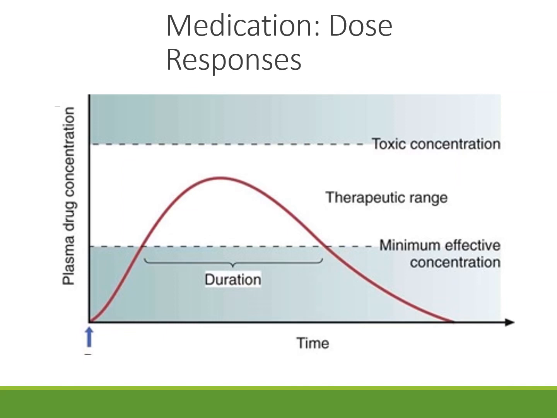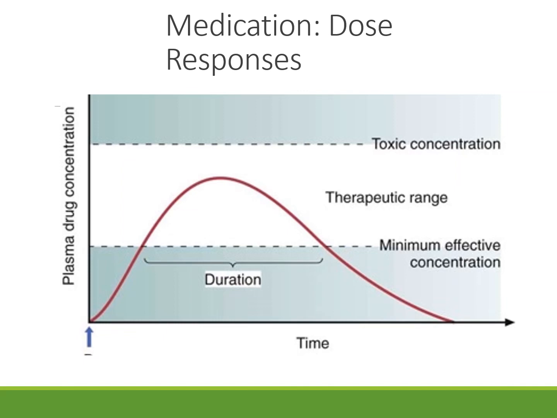Then this one in violet color is the duration. That means the total time for the medication to be present in the patient's blood.